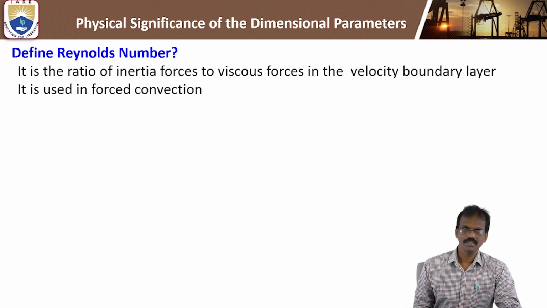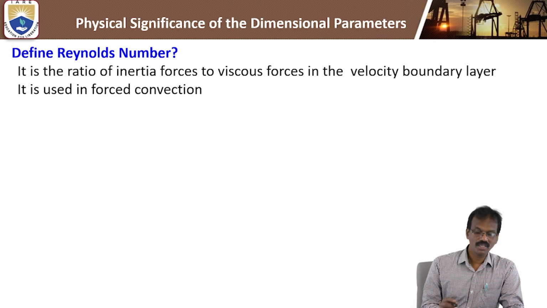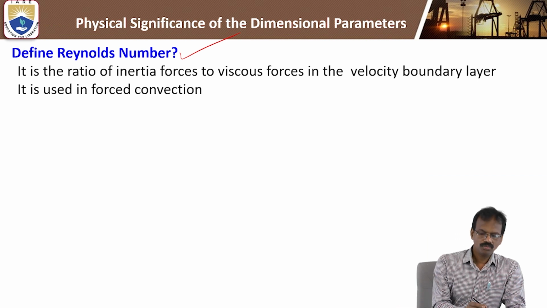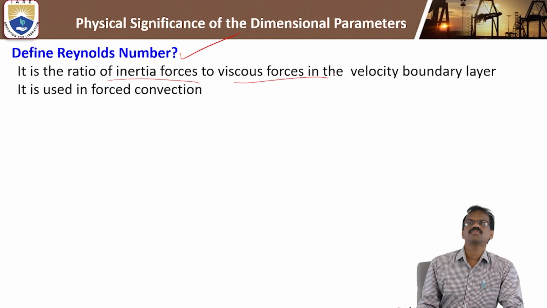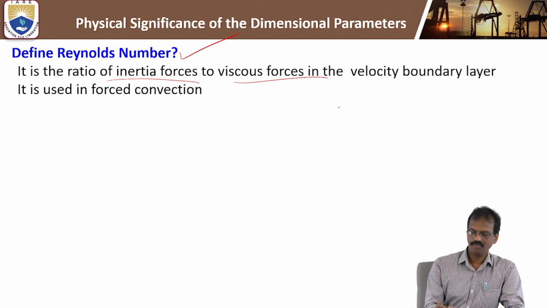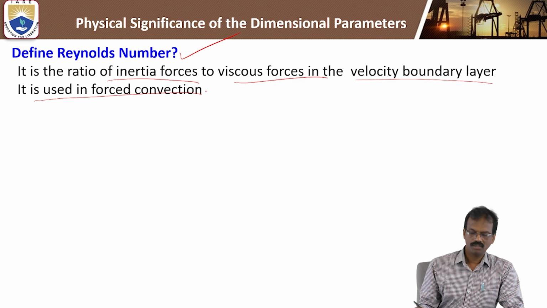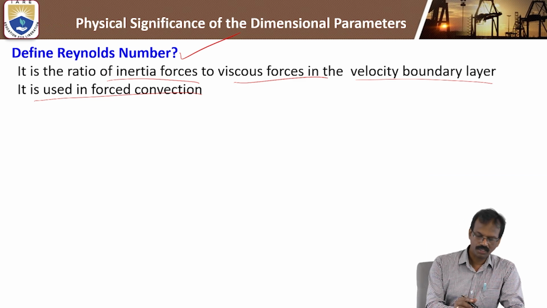First of all, we'll see what the Reynolds number is and its importance. It is the ratio of inertia force to viscous force in the velocity boundary layer.